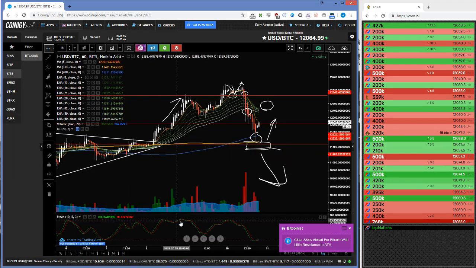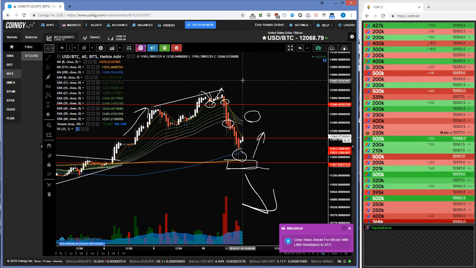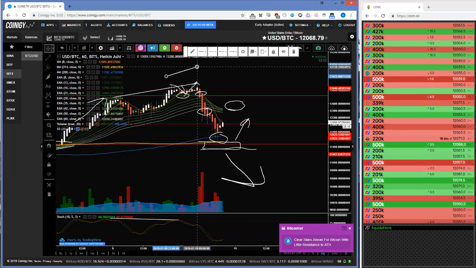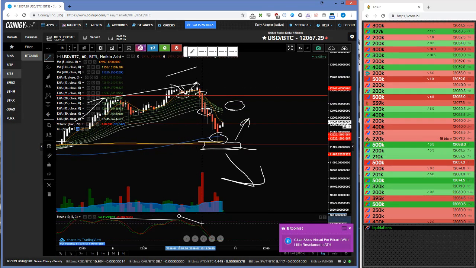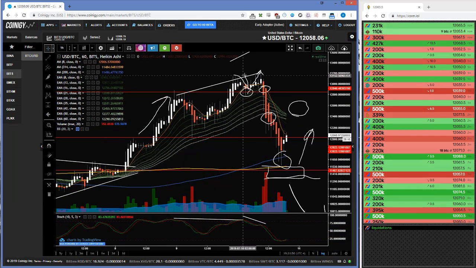Oh, and we also had a bear div here. I didn't really notice that, but you can see it now. And then we had an even bigger bear div here on that second move up, but I was asleep for that. Would have liked to re-add on my short there.